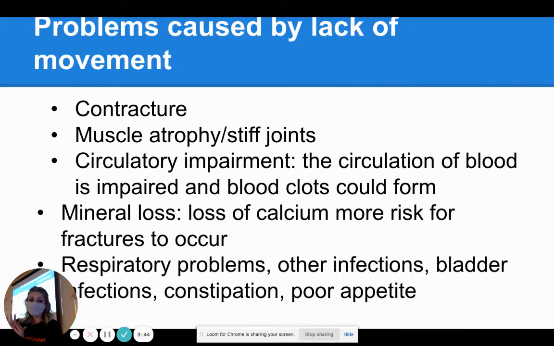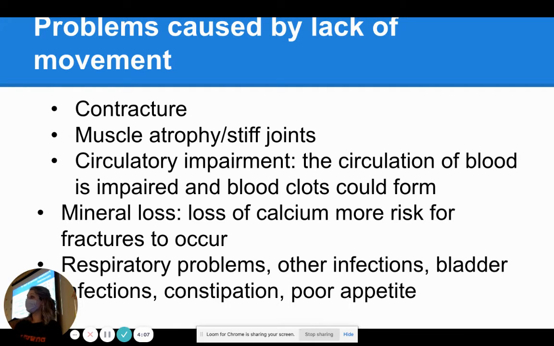Mineral loss: our bones store calcium. The more we lay, the more we don't move, the more calcium we lose out of that bone. Respiratory problems: we talked yesterday about why someone would have respiratory problems if they were in the bed. Do you remember why? What can you not do as well? You can't cough up.